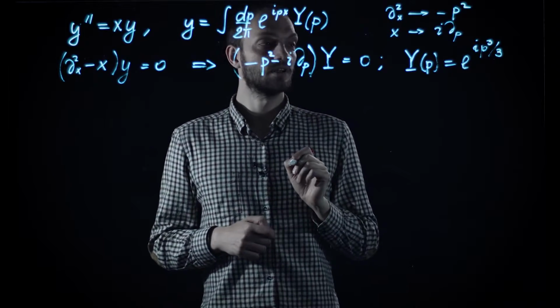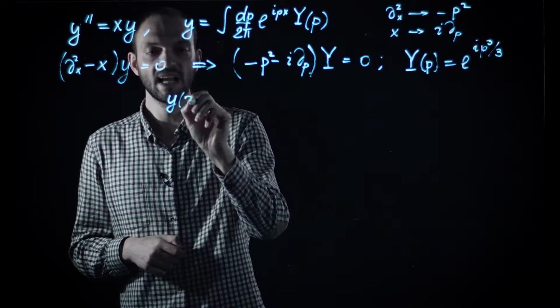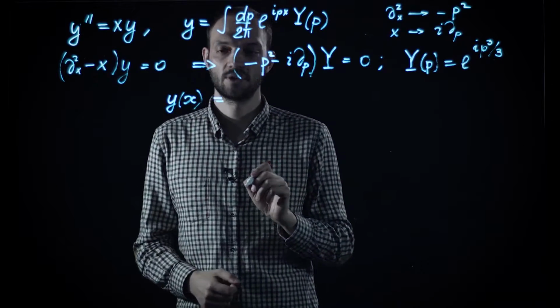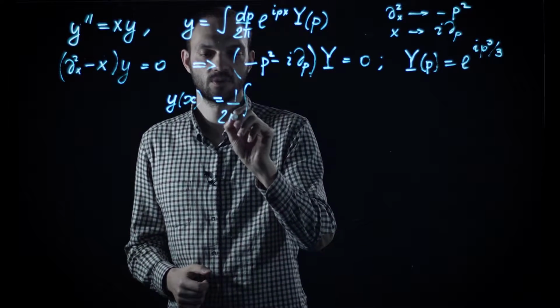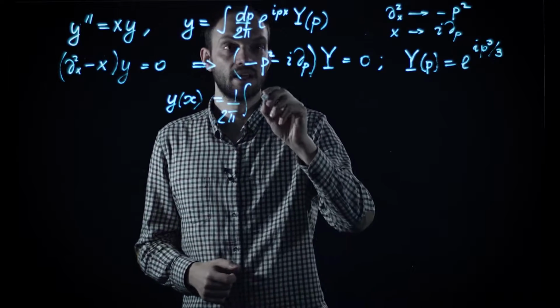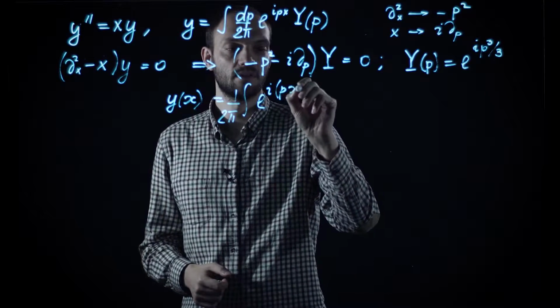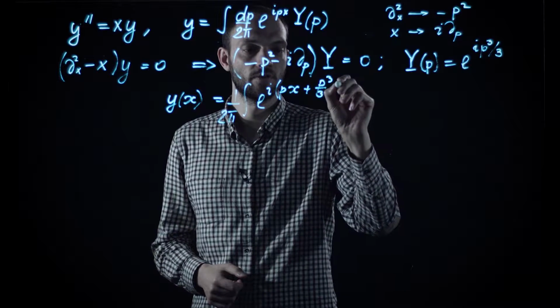So with this in mind, we can write an expression for, obviously, only one of the particular solutions of this equation, but nevertheless it can be quite useful. So it's 1 over 2 pi for normalization and exponent of i times (p x plus p cubed over 3).